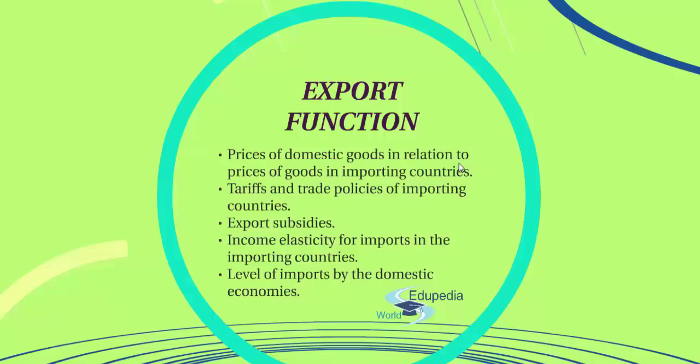That will determine whether the export will increase or decrease. The second one is tariffs and trade policies of importing countries. Suppose they increase the tariffs on the goods they are importing, so obviously the export by an economy will decrease. The third factor is export subsidies by the exporting country.